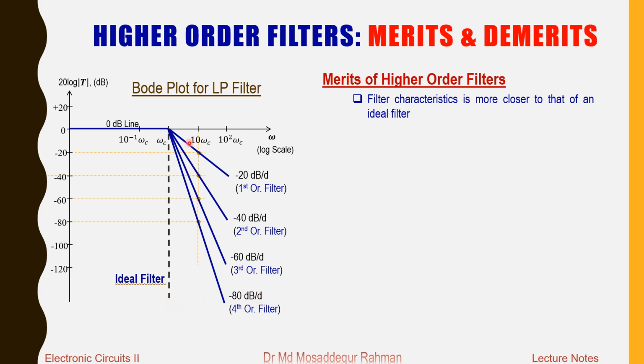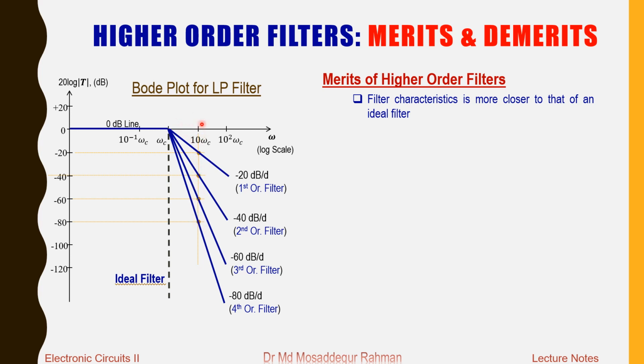But a practical filter cannot block 100%. Even in the stop band, there will be some transmission. But the higher is the order of the filter, the more effective it will be in filtering action. It will be able to block the signals better, and the output will be more accurate.